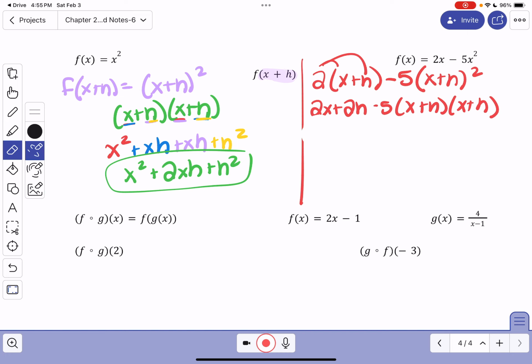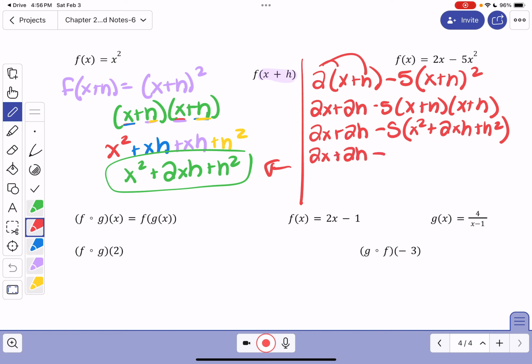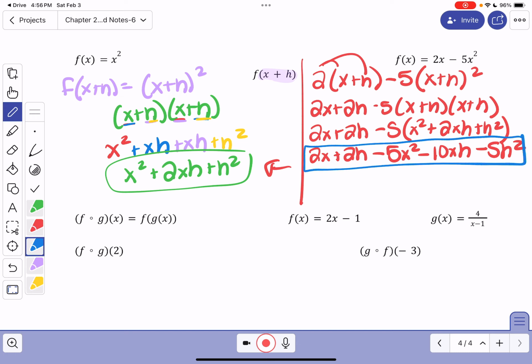So we would get 2x plus 2h minus 5 times what we just got over here, x squared plus 2xh plus h squared. Normally I'd do it out, but we literally just did it. Distribute that 5. So we'd get 5x squared, negative 10xh, minus 5h squared. And there's nothing we can combine because there's no terms that are the same. So that's as reduced as we can get it.